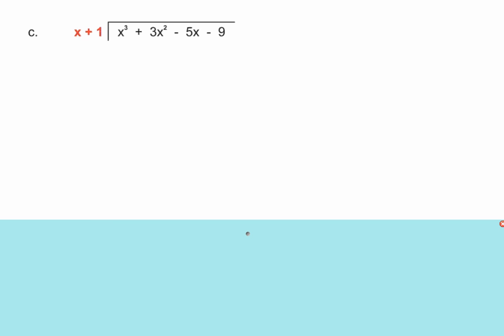Divide the what by the what? The first divided by the first, so the x cubed divided by the x, right? Hopefully we all know that's an x squared. And where are we going to stick it? In the squared column, right? It's going to keep everything orderly for us.